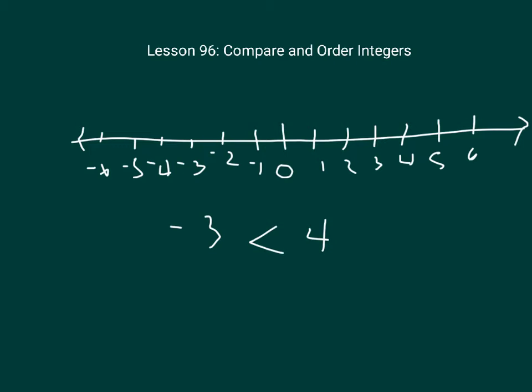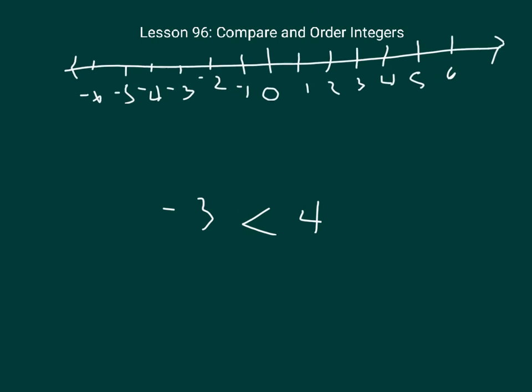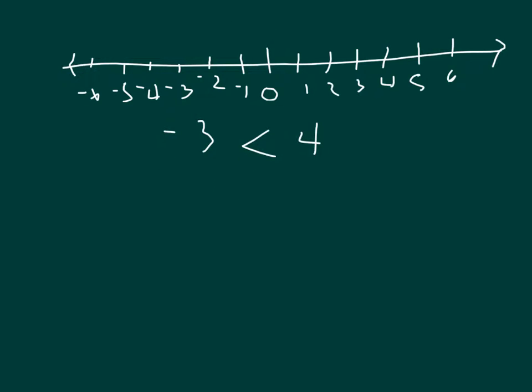Likewise, if we're putting some integers in order, like if we were given the list 7, 0, -3, 2, -4, we can find the one that's farthest to the left.